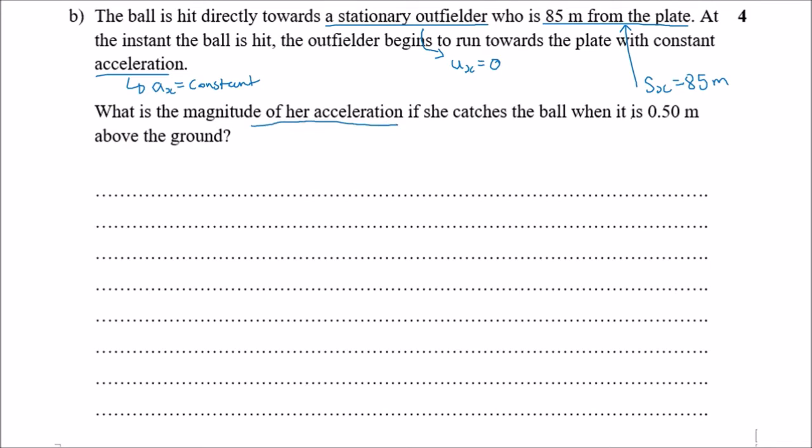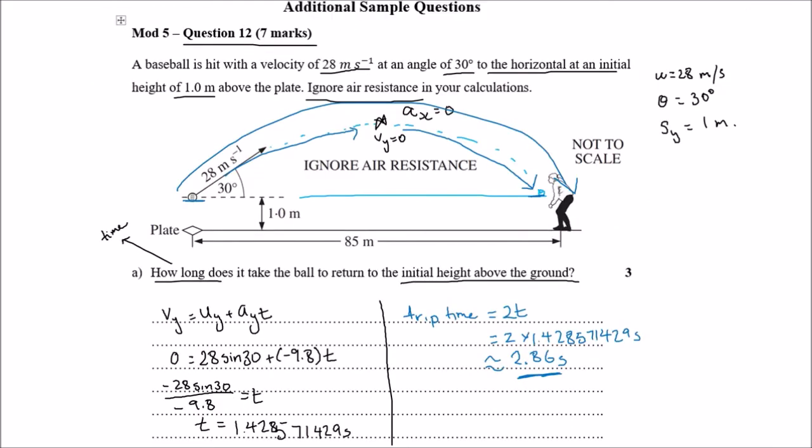If we're looking at just her magnitude, remember magnitude is just the number, so you don't need to include a direction near the end here, but as good practice you should. She catches the ball when it is 0.5 meters above the ground. So we know that the overall drop will be 0.5 meters, because the ball is 1 meter above the ground.